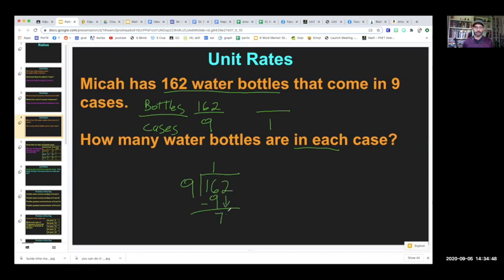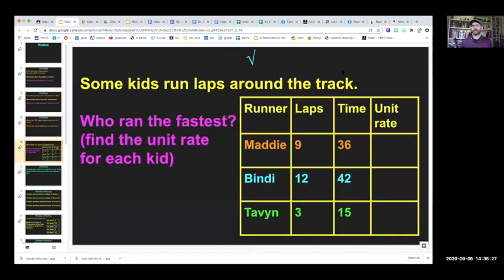Bring down the 2. 9 goes into 72 8 times. And 8 times 9 is 72, so there's nothing left over. So this is going to be 18. So that means in each case, how many bottles are there? There are 18 bottles in each case.